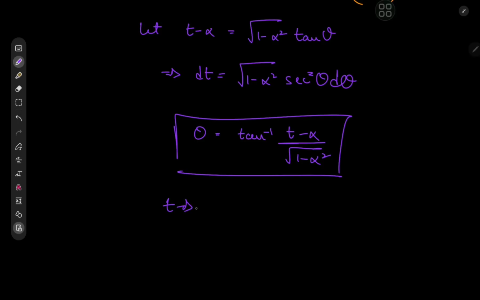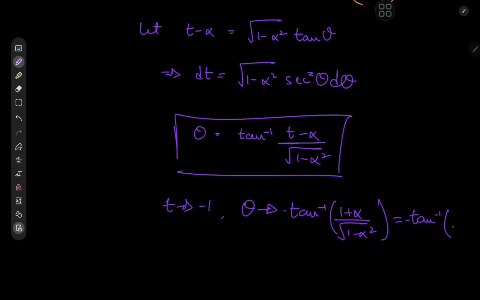So as t approaches negative 1, we have theta approaching the inverse tangent of negative 1 minus alpha. We can factor out the negative sign, inverse tangent being an odd function. We have it outside. We have 1 plus alpha divided by root 1 minus alpha squared. And 1 minus alpha squared is 1 plus alpha times 1 minus alpha. So we have some further simplification. It's inverse tangent root 1 plus alpha.